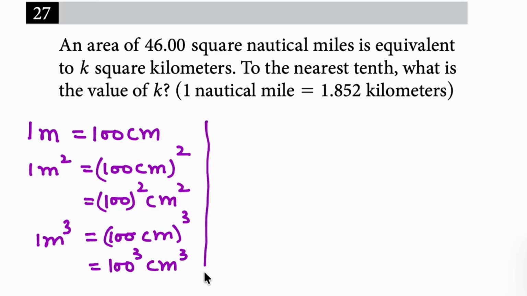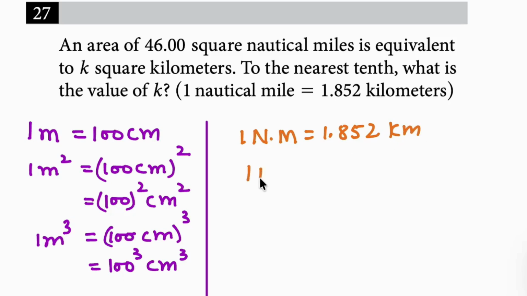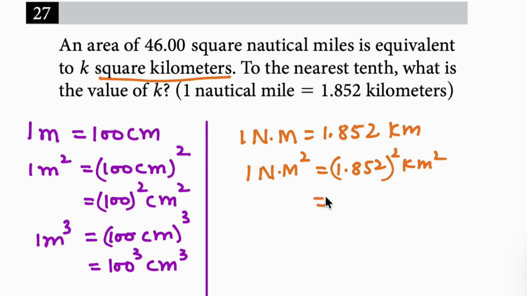Now we will apply the same concept here, but with the given units. So if 1 nautical mile is equal to 1.852 kilometers, then 1 nautical mile squared will be equal to 1.852 squared, as well as kilometer squared, right? This is our question. So let's use the calculator.